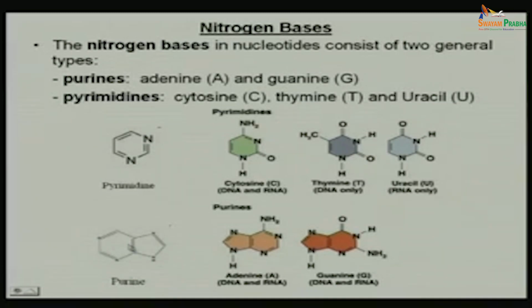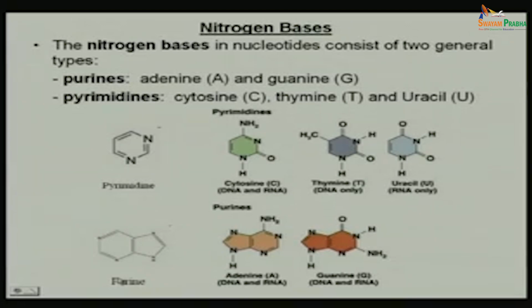The derivatives of purine are adenine and guanine. Adenine is symbolized as A and guanine is symbolized as G.